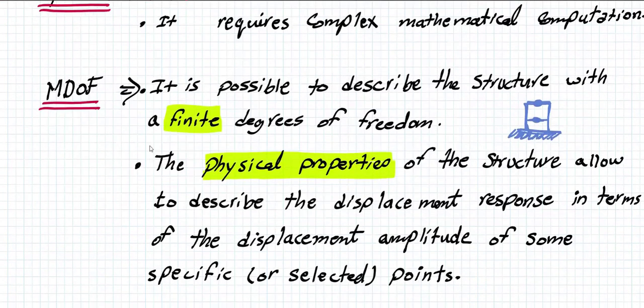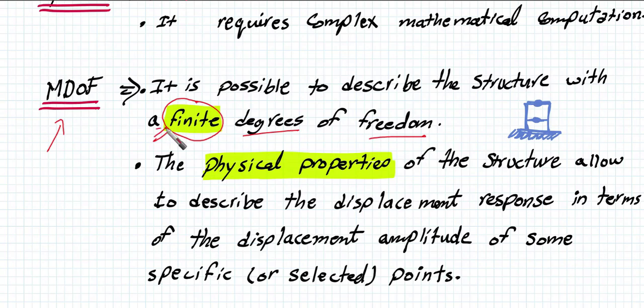Something in between that we are going to study from now on is the multi-degree of freedom system. In this multi-degree of freedom system, we are going to assume it is possible to describe the structure with a finite number of degrees of freedom.